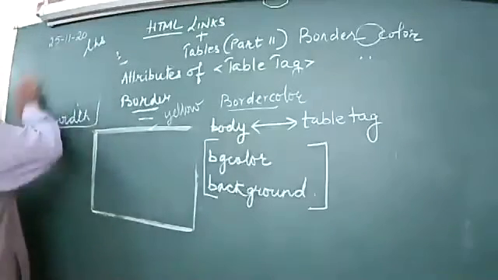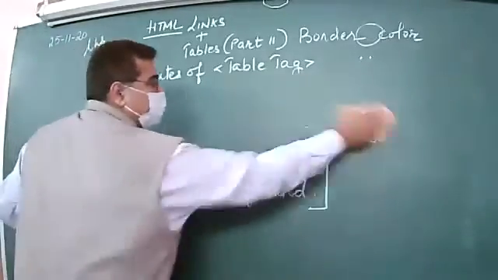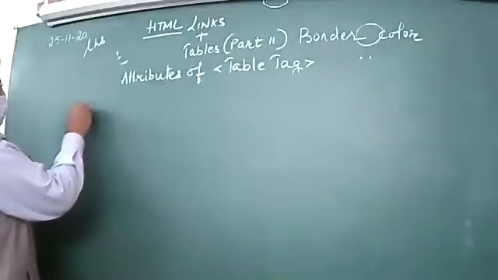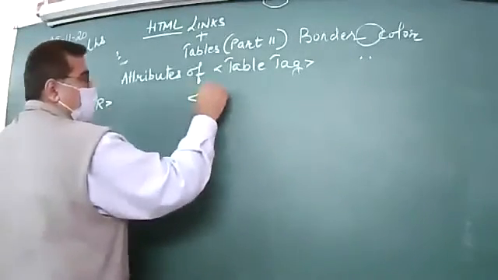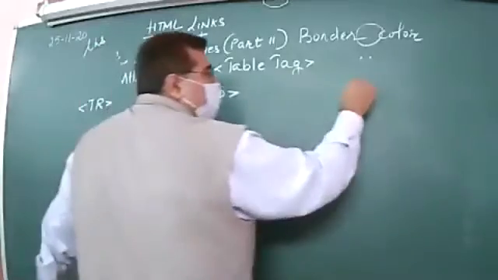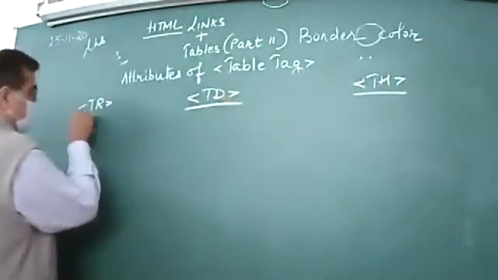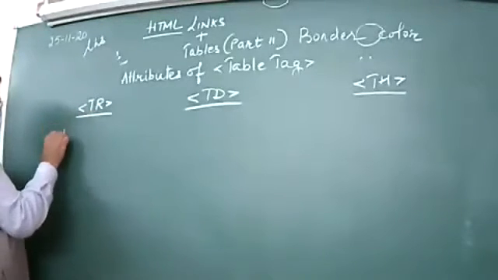Now, what is the difference in TR and TD tag? Let's write here TR, here I write TD and here I write TH. TR tag stands for table row.